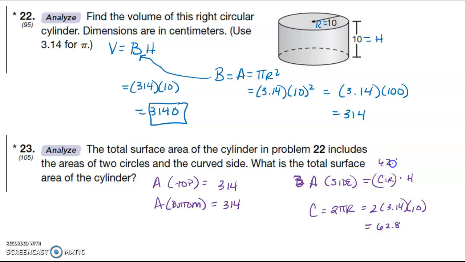So this is 62.8 times 10, which is going to be 628. So we have 628 plus 314 plus 314, and I get as a surface area 1,256. Okay.